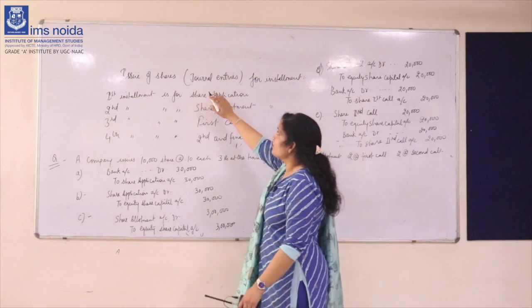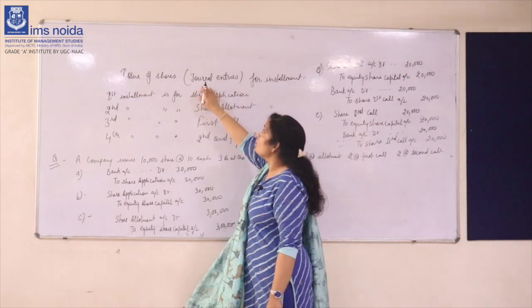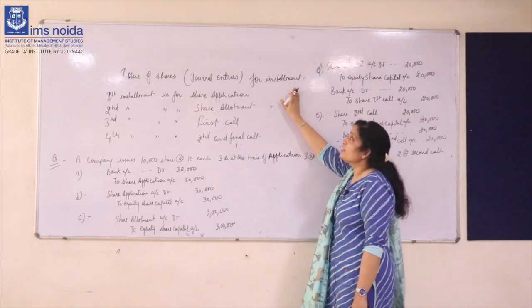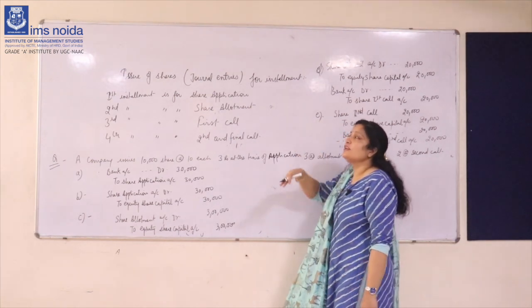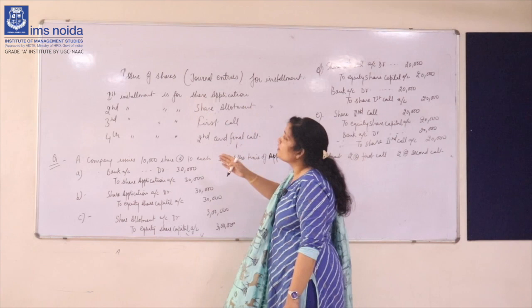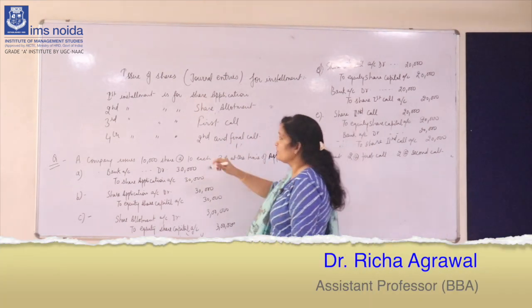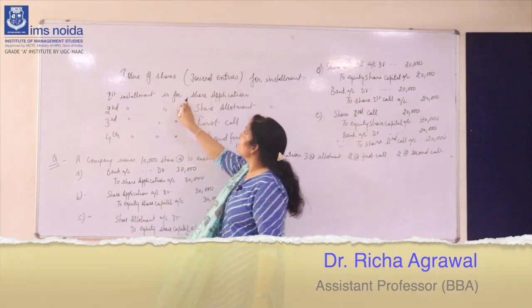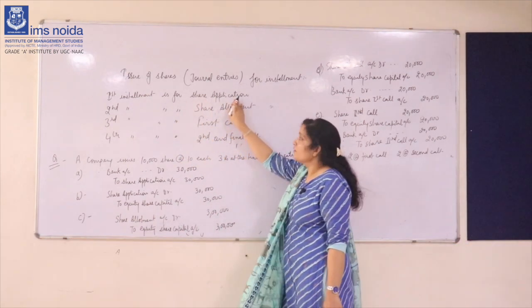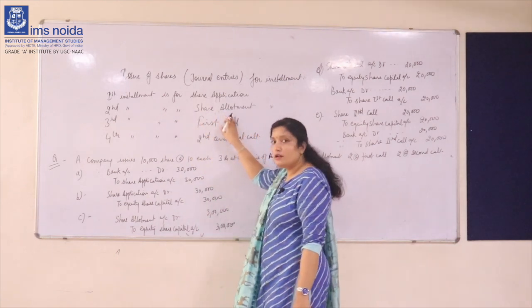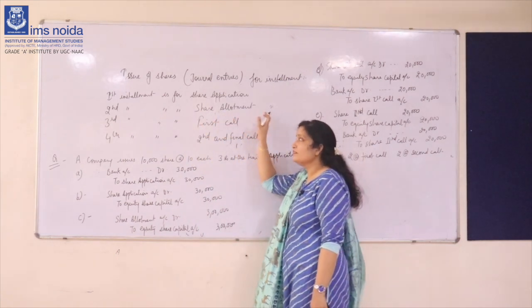Now issue of shares. How will we pass the journal entries for the installments when we issue the share in installments? So first we need to understand what are the installments in which we can issue the share. The first installment is for share application, and the second installment is for share allotment when we allot the shares.